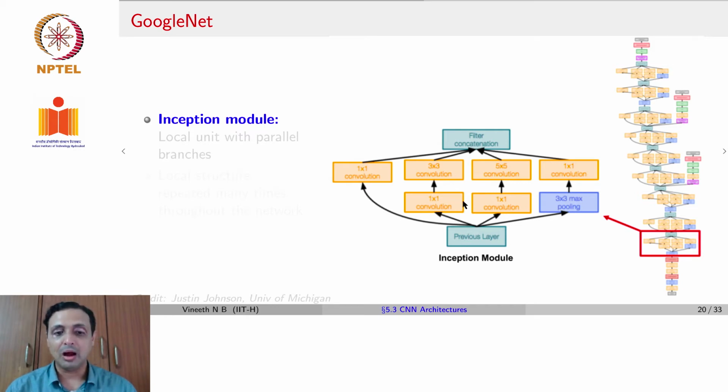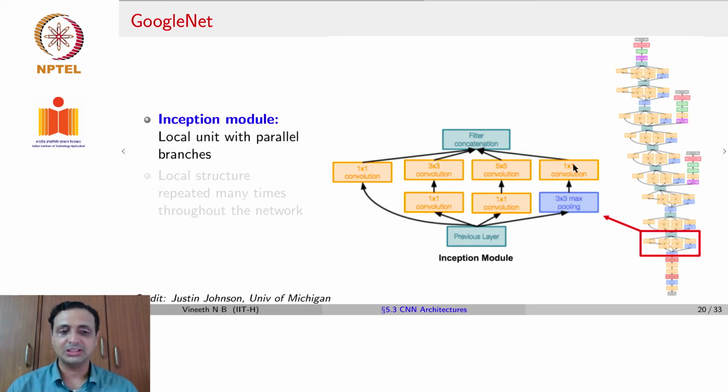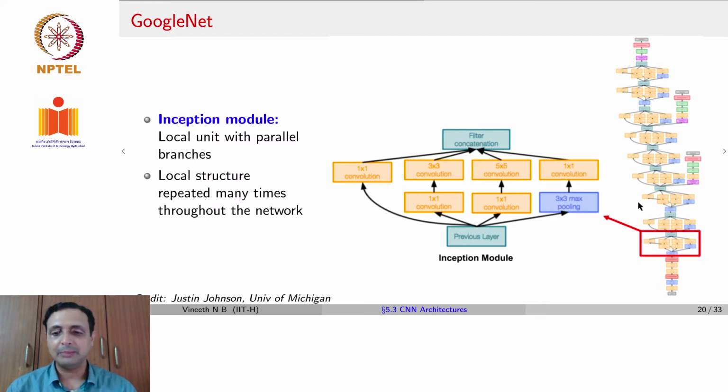In parallel, another couple of layers which did 1x1 and 3x3, another couple of layers which did 1x1 and 5x5, and another one which did max pooling and 1x1 convolution. So this was a local unit with parallel branches, and this local structure repeated many times in the neural network. As you can see, this Inception Module was stacked on top of each other to complete the architecture of the GoogleNet.